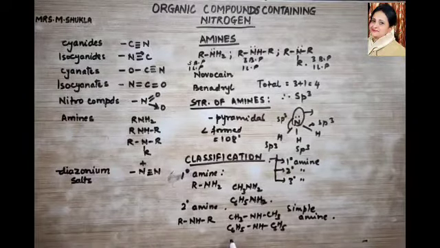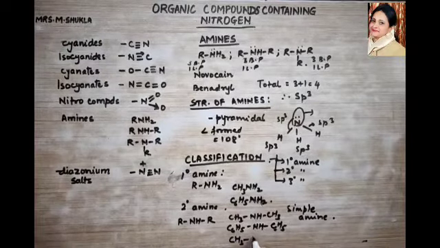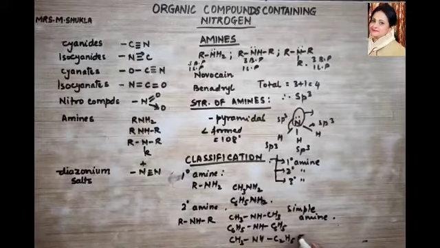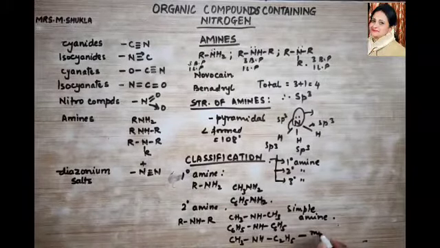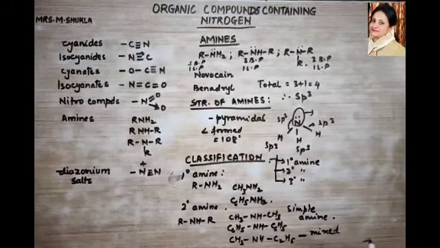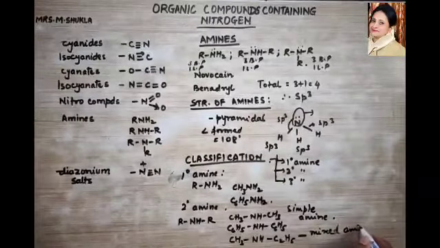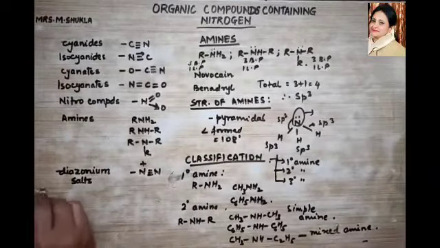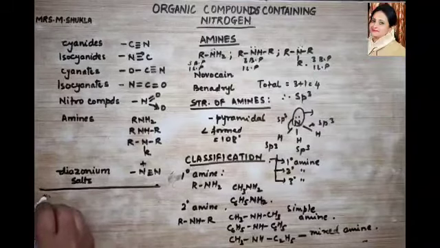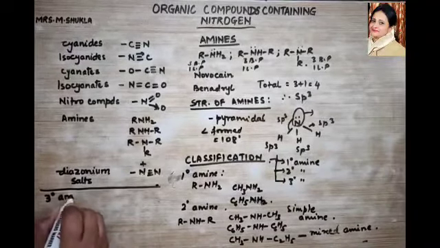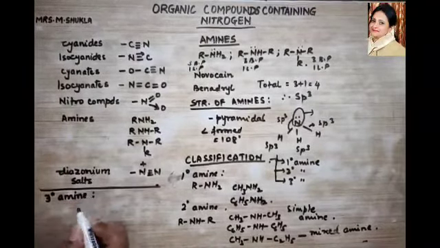For example, over here if I take CH3NHC2H5, this is called a mixed amine. Now coming to the tertiary amine, 3 degree amine. Let's understand this also.